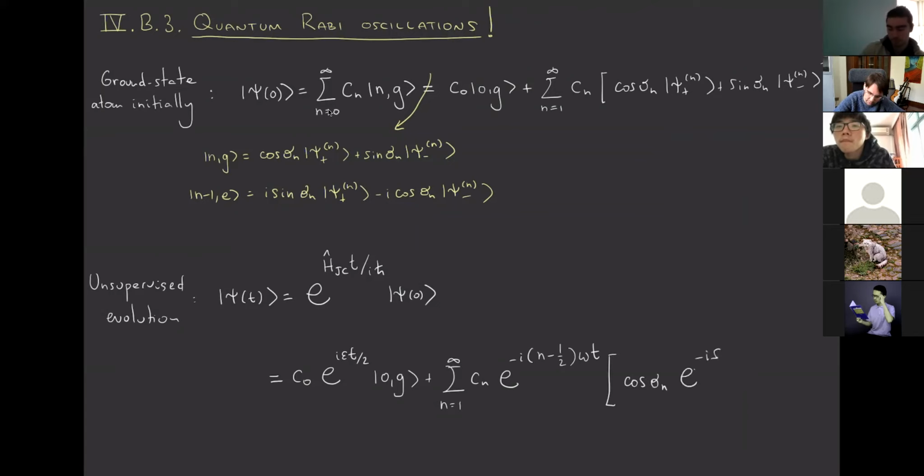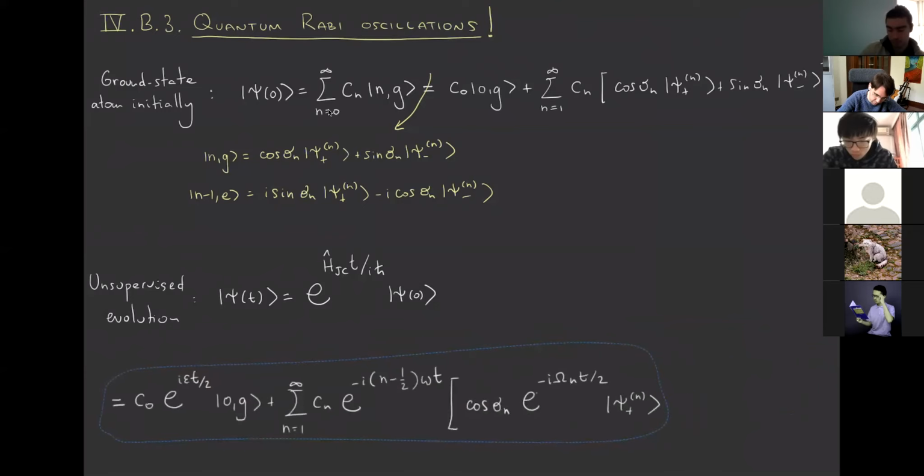In particular, we get this. Essentially, because these are eigenstates of the Hamiltonian, the evolved state just adds the exponential of minus i energy times the time to each of the corresponding eigenvectors.